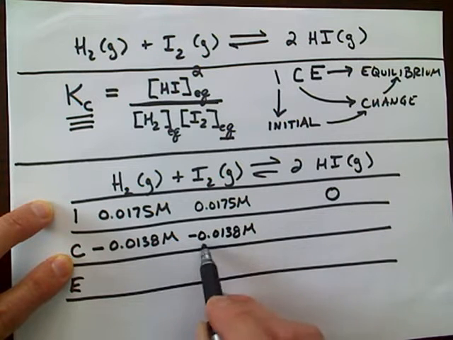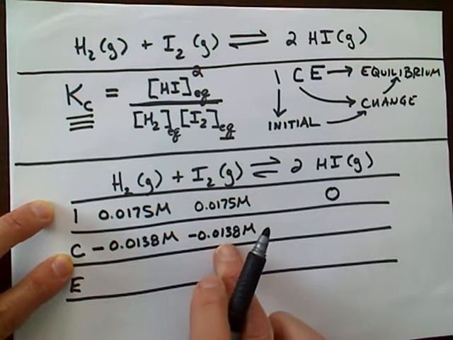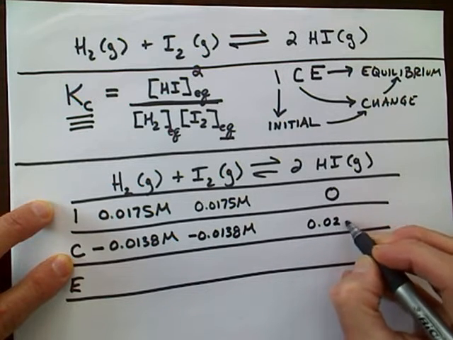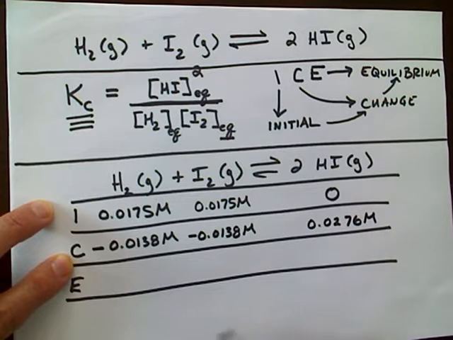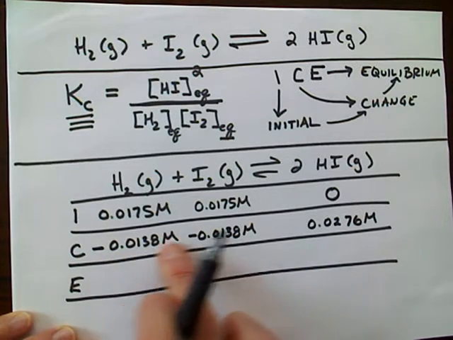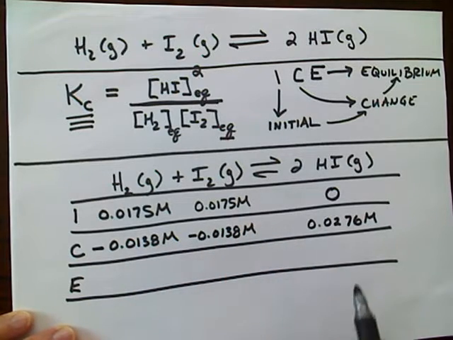So I'm going to gain twice this concentration. And if you do 2 times 0.0138, you get 0.0276 molar. You can do the math and check me on that. We're also going to recognize that if we lose reactant, we're going to gain product.